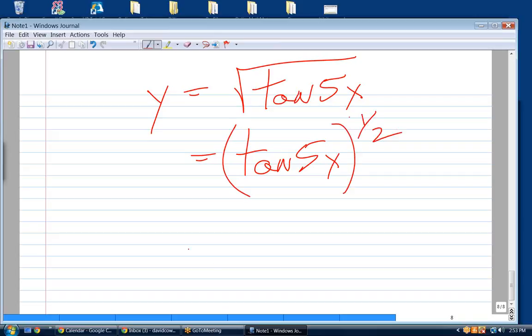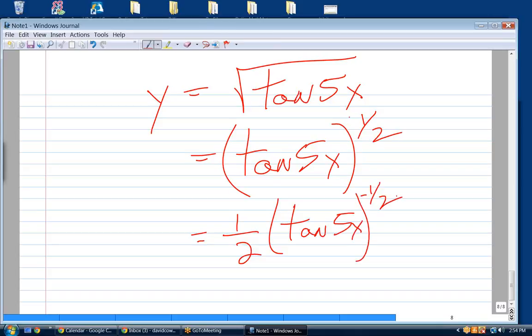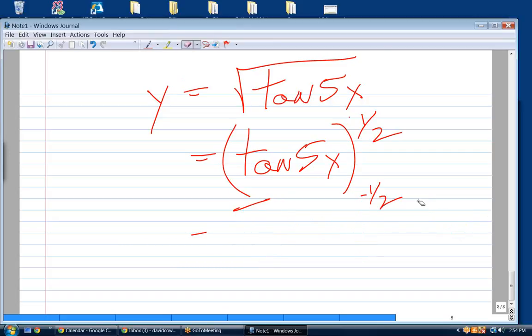And then we would do the outside first, so we get 1/2 tan 5x to the negative 1/2. And then the inside we'd get secant squared of 5x. Yep. And then we would get 5. Good. Good. And that's it.